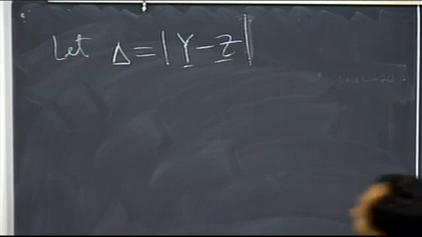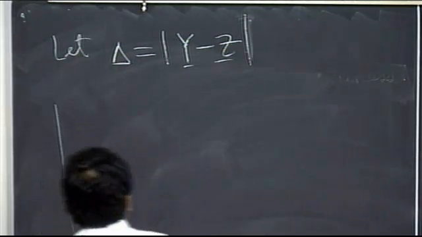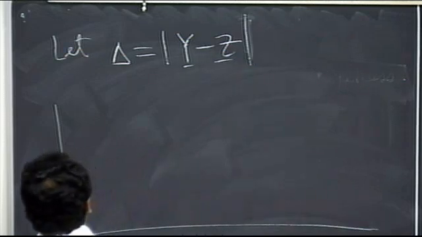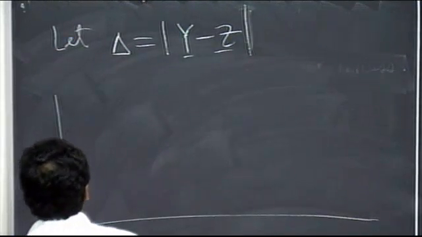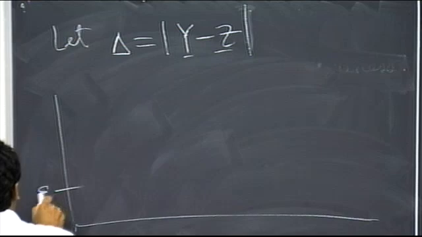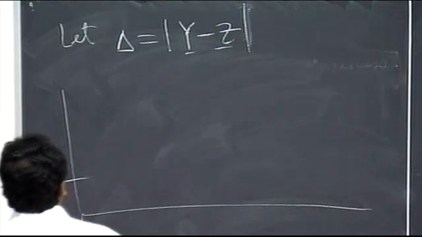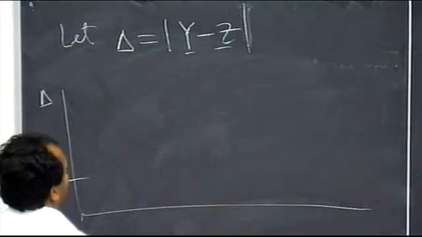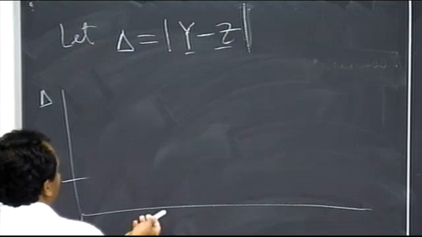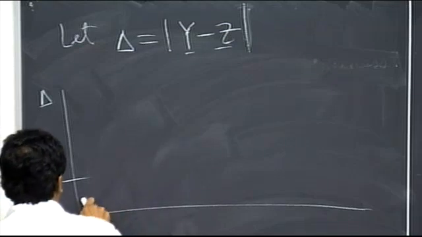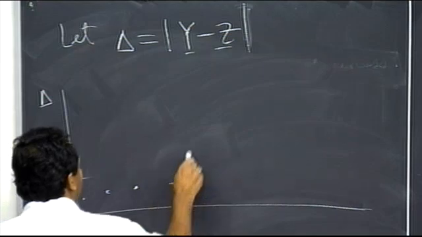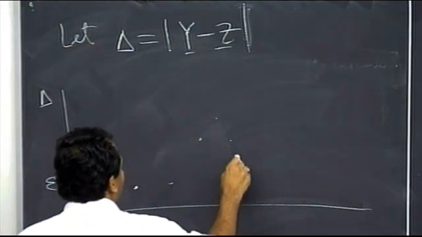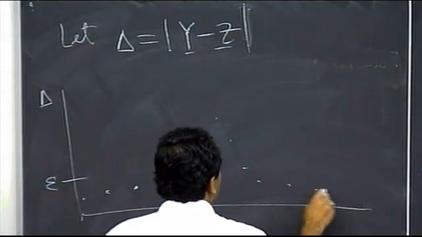So this delta could look like this. If here's my threshold epsilon, delta is a bunch of numbers at all these points. What could happen is that I could have something that looks like this, where it's satisfied everywhere except at a couple of points in the interval.